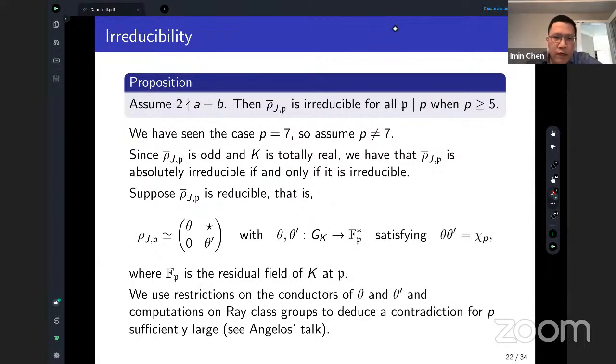So I think Angelos gave an example of that, but this is a common technique for proving irreducibility on a condition like this.